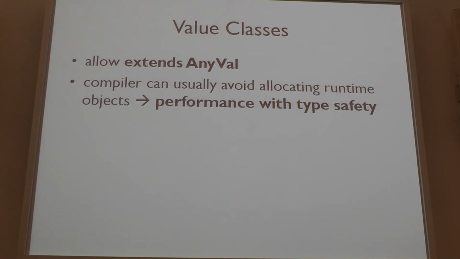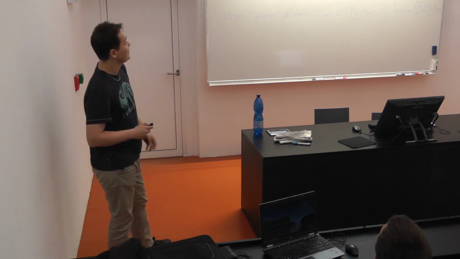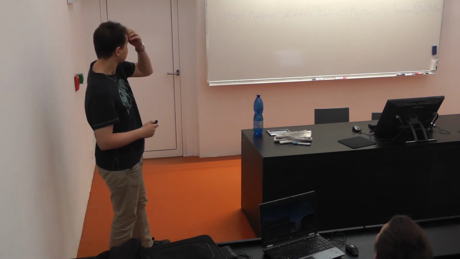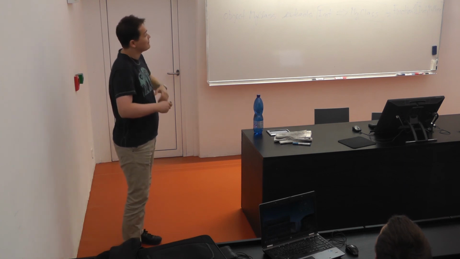For example, you have some types such as kilogram, and you don't want to interpret it as double because you want your code to be type safe. So you create a wrapper class for double, and you put your methods in there, and so everything is type safe.